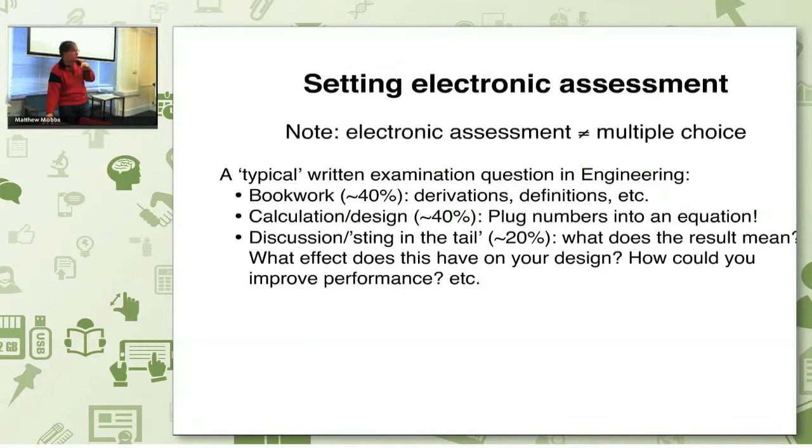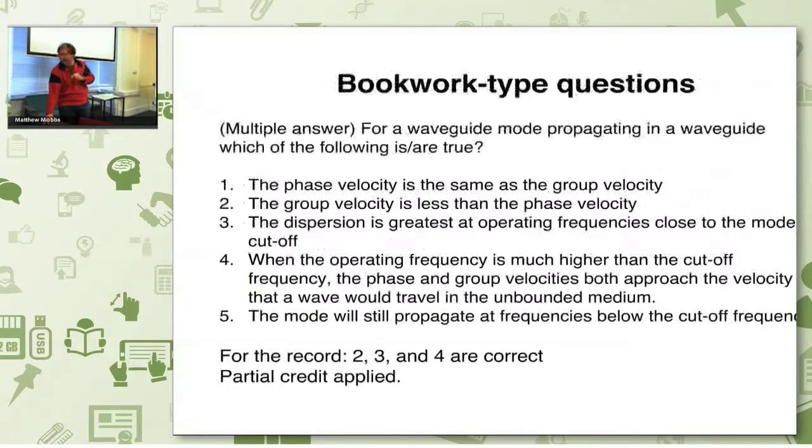So how do we do these sorts of things in Blackboard? The first two are quite easy, I think, but the last one is probably a little harder, and I'm not sure we've quite mastered that yet, but we're getting there.